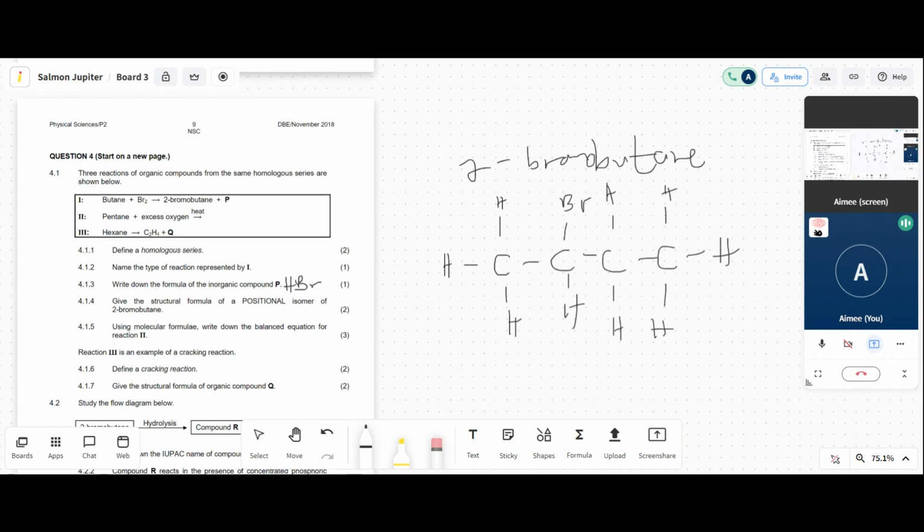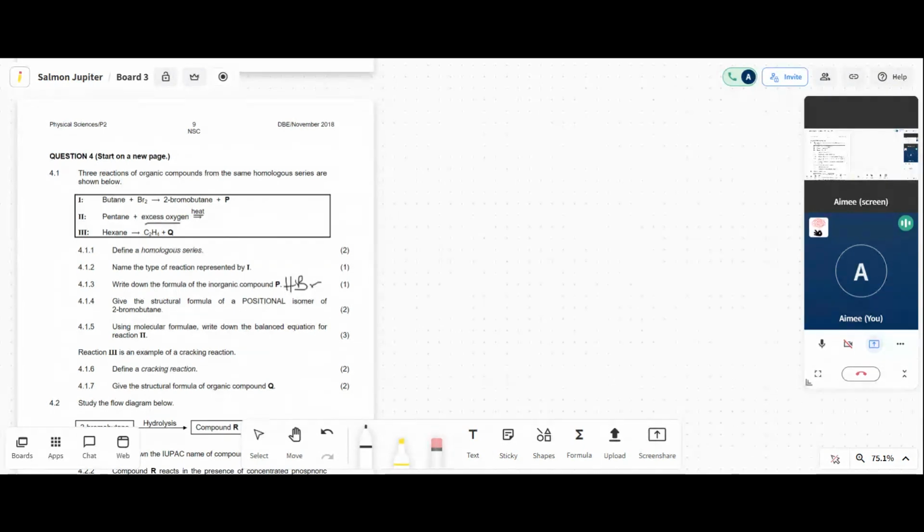Those should immediately be ringing alarm bells in your head that this is what we call a combustion reaction. And what this means is that you are burning some kind of fuel.